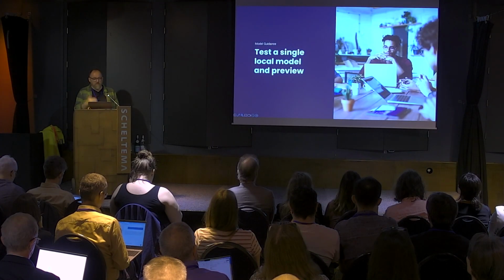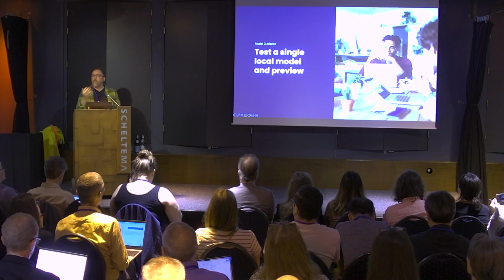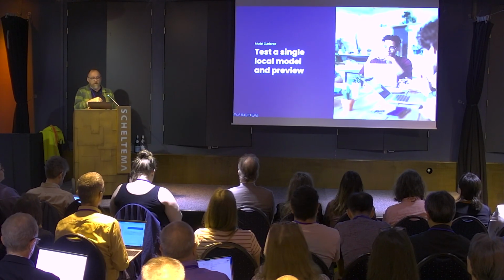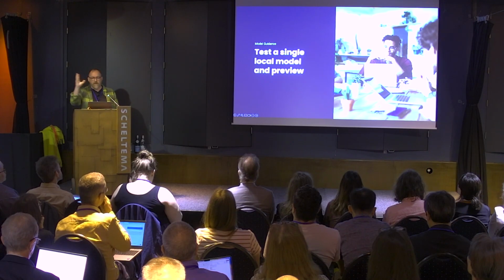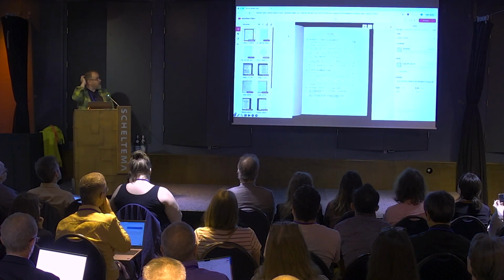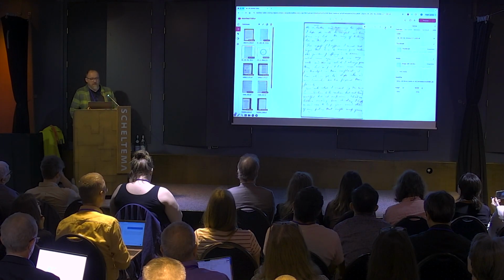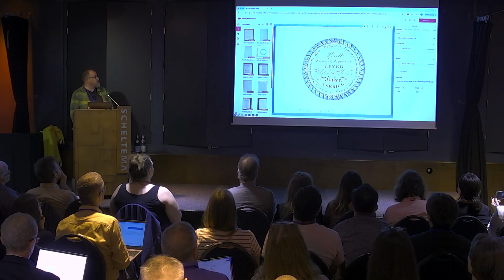So I've got this initial classification, and I want to test some single local model. Again, much like the classifier, one that's going to run in the manifest editor in your browser rather than anywhere in the cloud. So in this example, I'm picking one of the easier frames. You can see that I'm flicking through the manifest. Some of these are quite challenging.